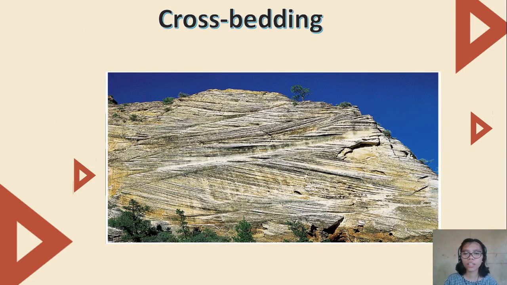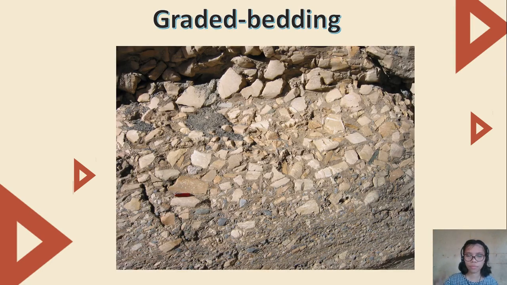So next, the cross bedding, a series of thin inclined layers within a horizontal bed of rock, which is common in sandstone. Next, graded bedding, a progressive change in grain size from bottom to top of a bed.